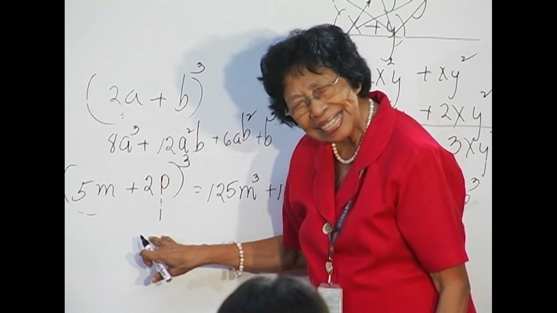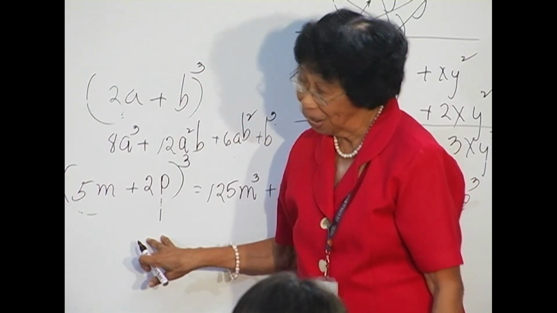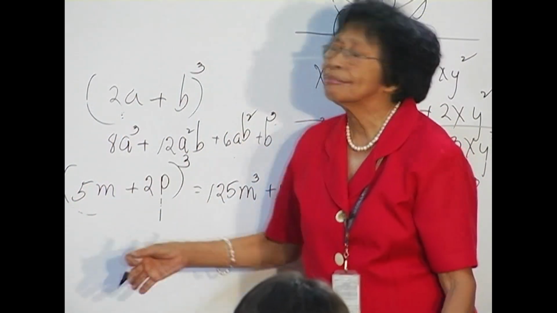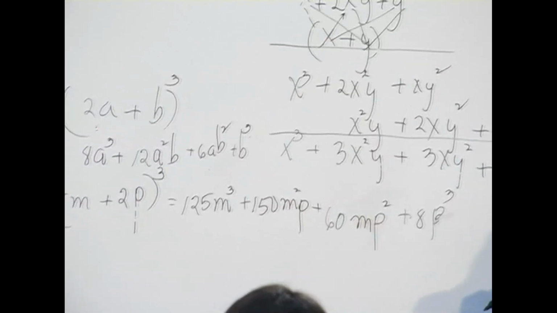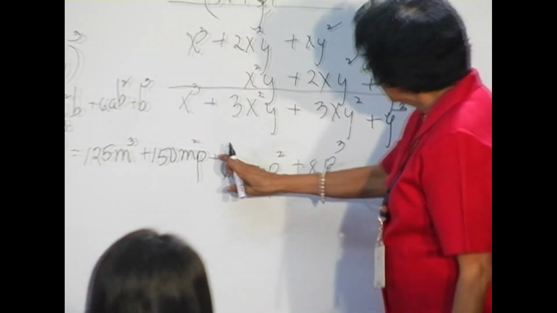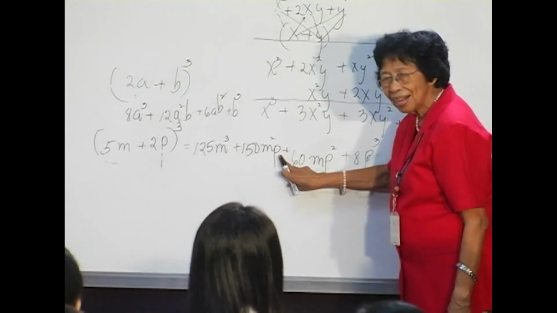What's the square of the second? 4b squared. 3 times 5 is 15, times 4 is 60. 60mb squared. Alright, that's a little bit. How many terms? 4 terms. Right. Now let's see. What's the missing exponent here?